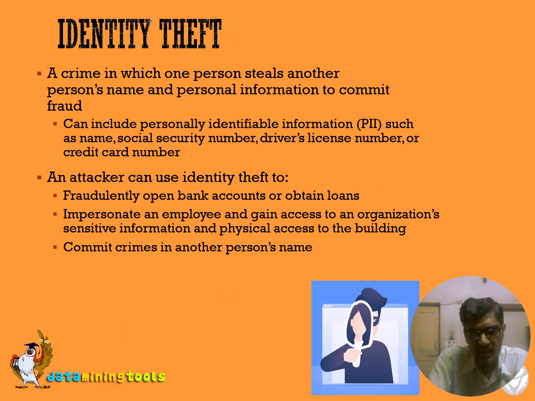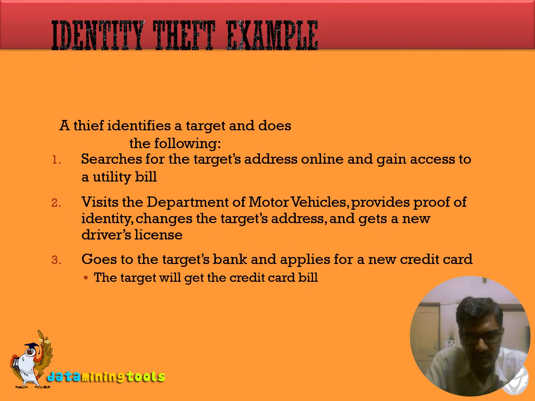And next is identity theft. This is a crime in which one person steals another person's name and personal information to commit fraud. For instance, a thief identifies a target and does the following: searches for the target's address online, gains access to his utility bill, then visits the Department of Motor Vehicles, provides proof of identity, changes the target's address, and gets a new driver's license.